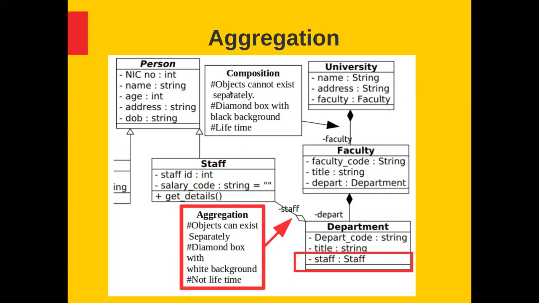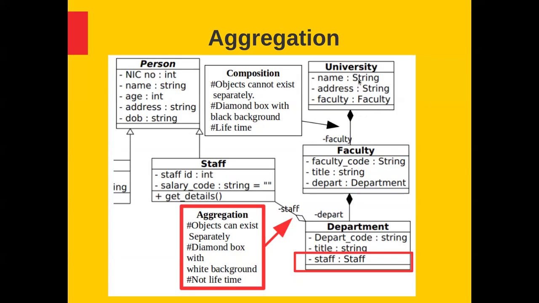Now, composition. Objects cannot exist separately. Diamond box with black background, lifetime, because the department exists only if a faculty is available. If the faculty is deleted, the department is also deleted.